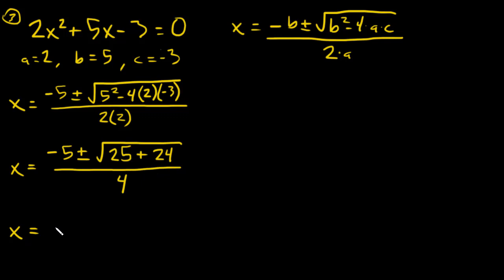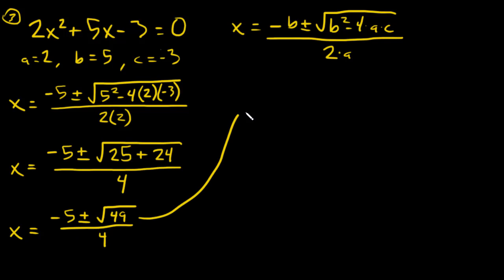So x is equal to negative 5 plus or minus the square root of 25 plus 24 is 49 over 4. And then we'll have x is equal to negative 5 plus or minus square root of 49, 7, over 4. And you can leave it just like this. I'm totally happy with this.